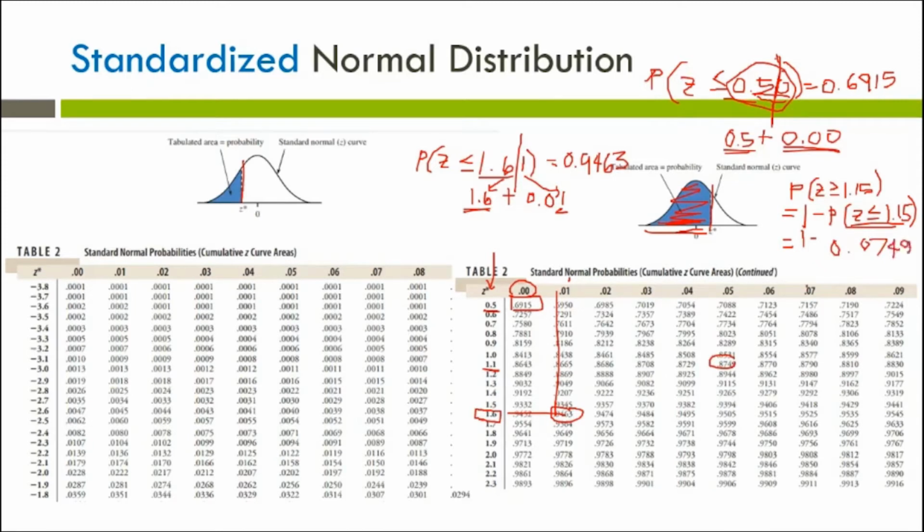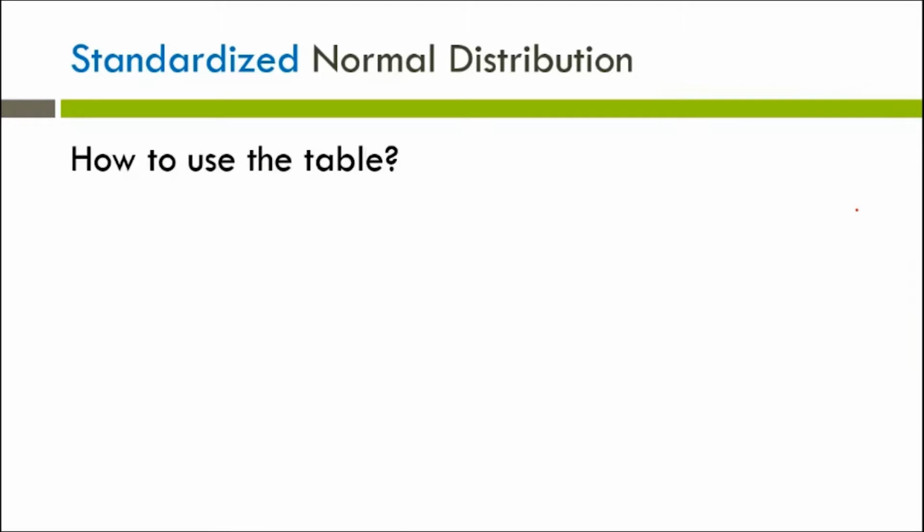So we'll get a value of 0.1251. So I think that's the answer. This will be our answer. Again, that is when the notation is greater than or equal to a z score.